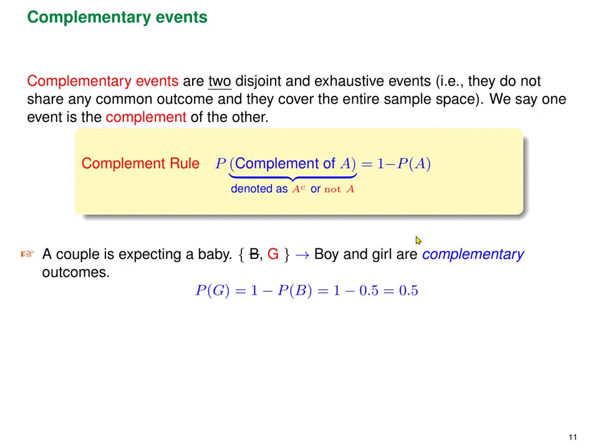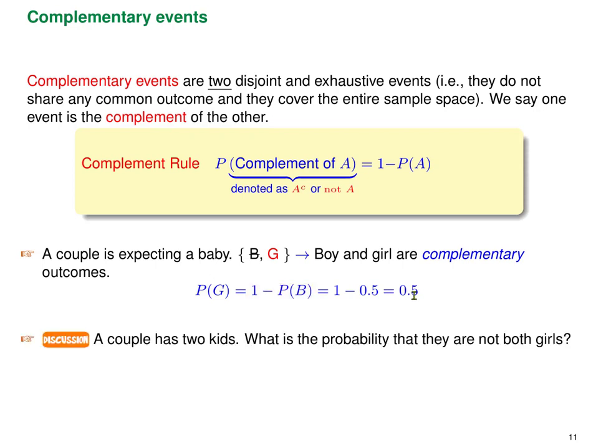For example, boy and girl are complementary outcomes. Therefore, the probability it is a baby girl can be computed as 1 minus the probability of a baby boy, which is equal to 1 minus 0.5 equals 0.5.